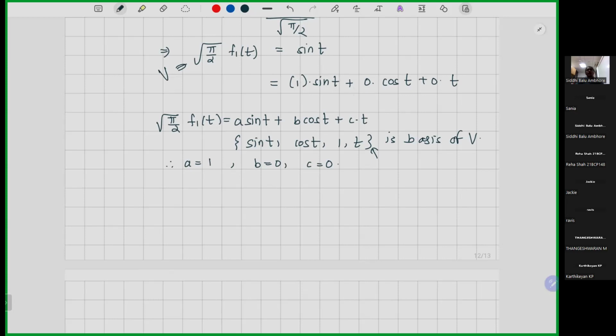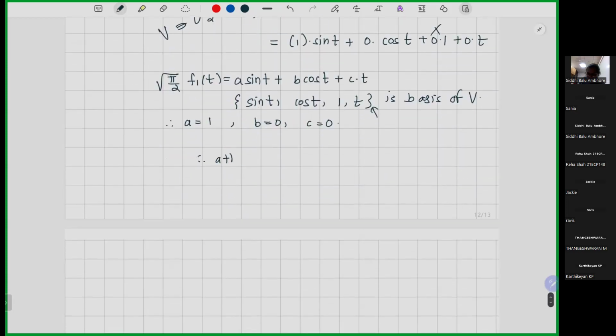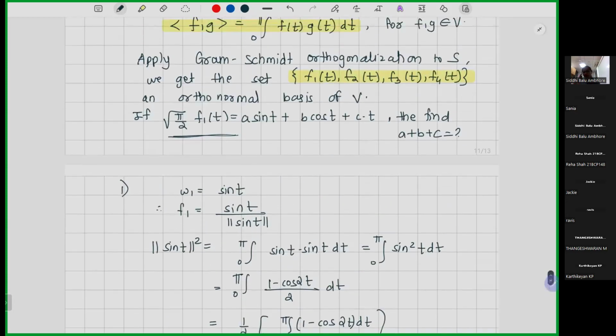This is the only way of writing this linear combination. And therefore a plus b plus c becomes 1. Any doubts here?